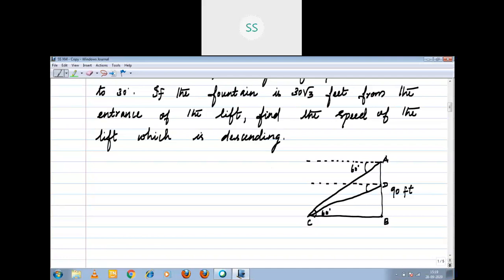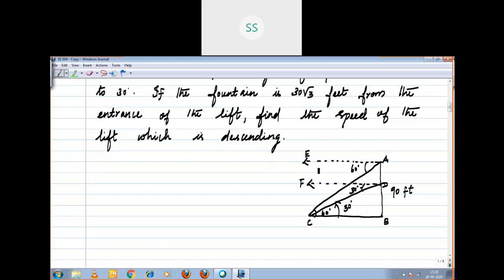This line alone I'm going to draw once again. Now this angle is 30 degrees. Got it, children? This is your E, the horizontal line AE. Here it is F. See, AE and BC are parallel. AC acts as a transversal.